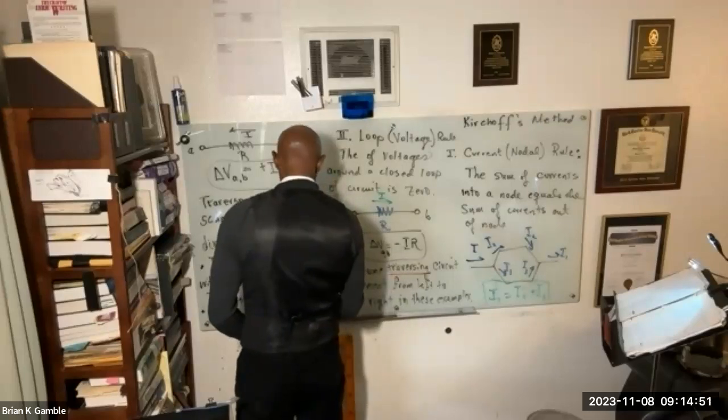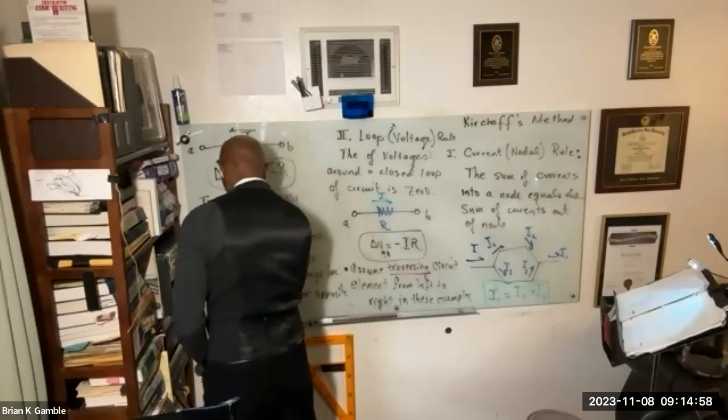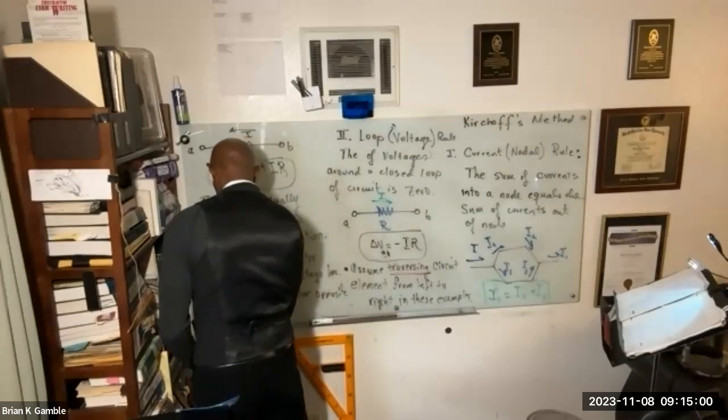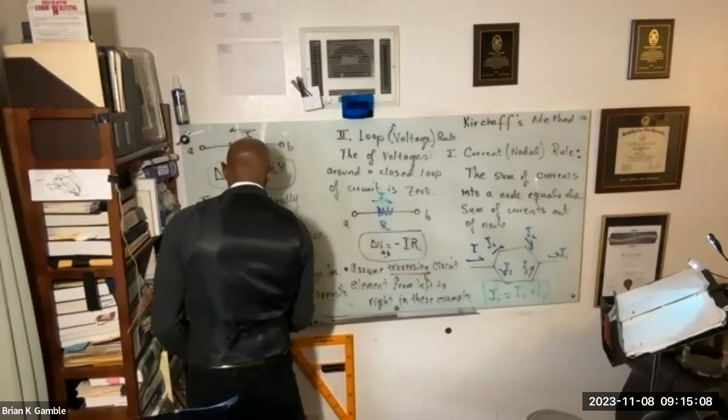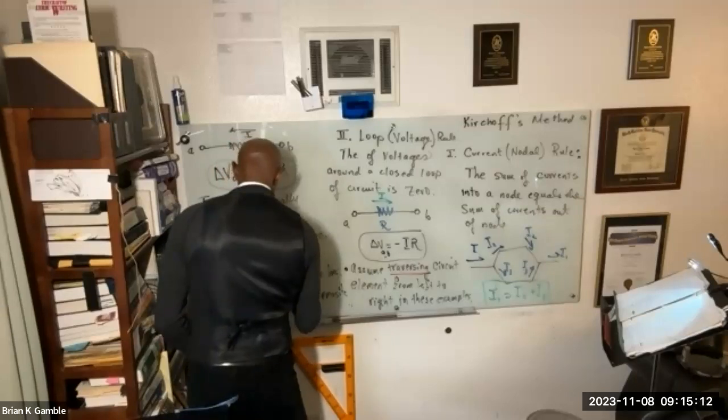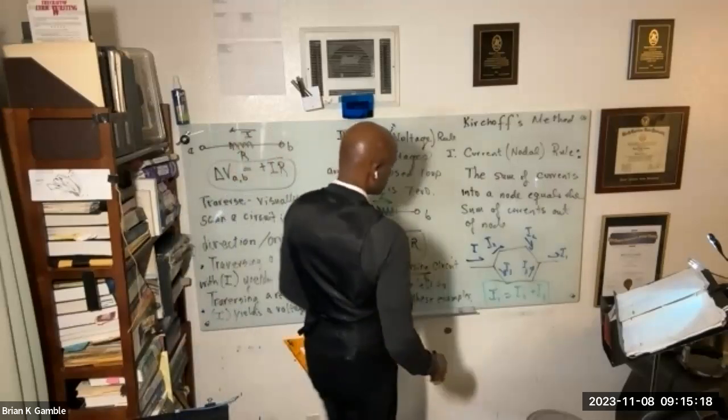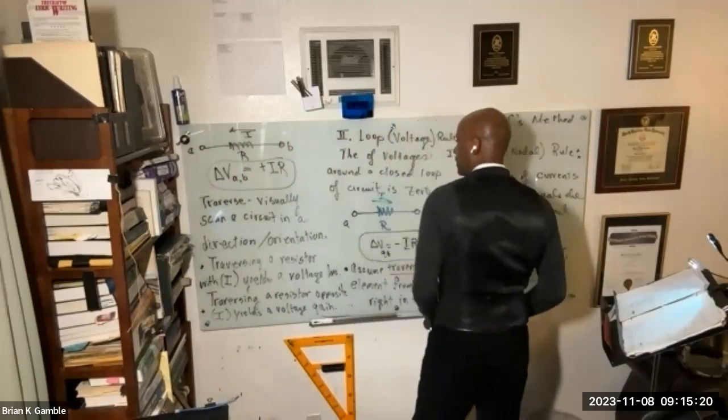Traversing a resistor opposite current yields a voltage gain. All right.